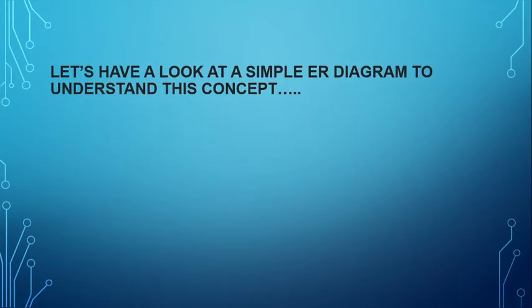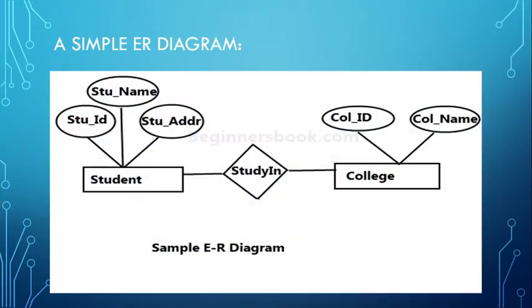So let's have a look at a simple ER diagram. In this simple ER diagram, we have two entities called student and college. The student and college are in a relationship.